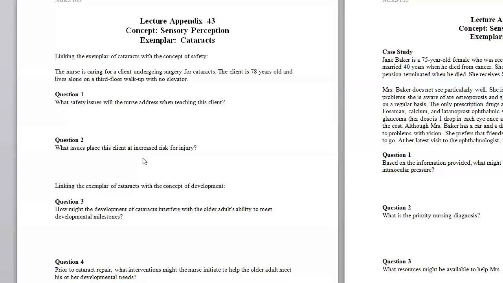And then question 4, prior to cataract repair, what interventions might the nurse initiate to help the older adult meet his or her developmental needs? First of all, just explaining to her about cataracts, how they came to be, and what was exactly done in regards to the surgery, and then what is her role in meeting those outcomes of a good healing with her eyes, and to definitely assess whether or not her eyesight is much better than it was.